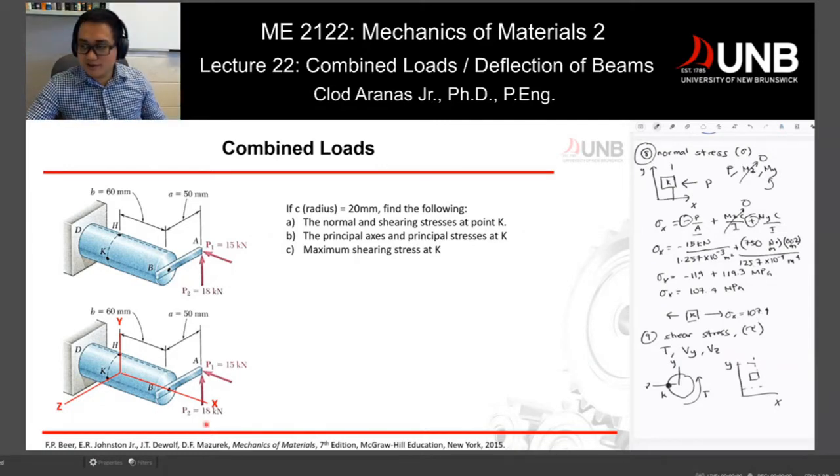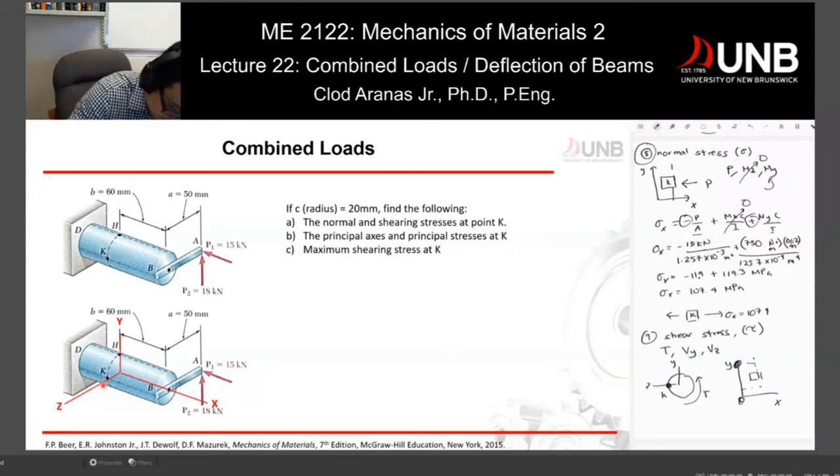Now, if I'm rotating counterclockwise for my torque, you can imagine that I'm going from positive value of X to the negative value, positive value of Y to the negative value of Y. I'm pushing my K, or I'm providing shear at my K, with this rotation right here, from positive Y to the negative Y, which means my torque is providing this shear.